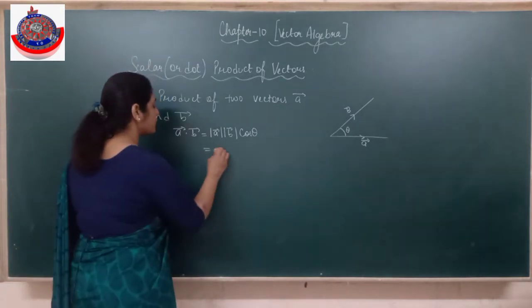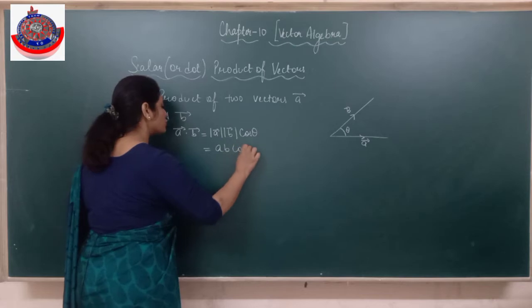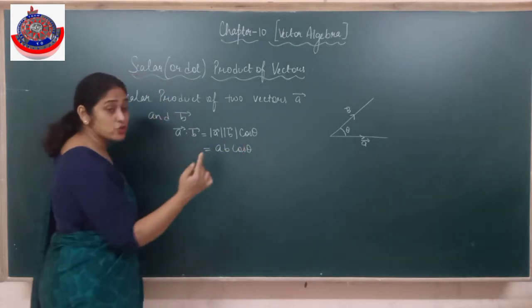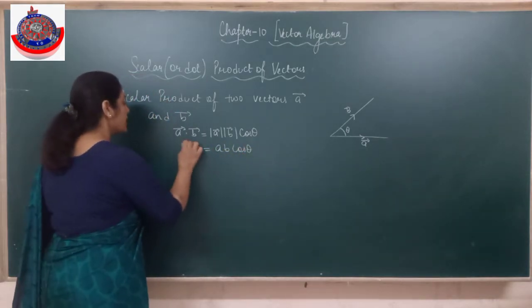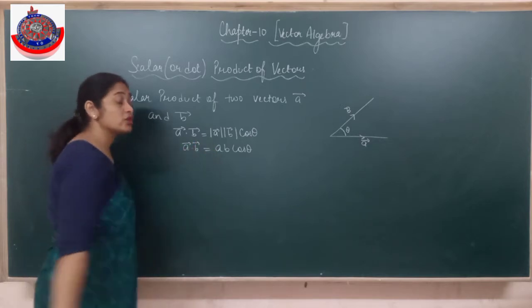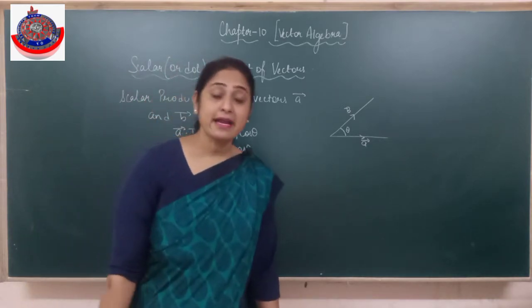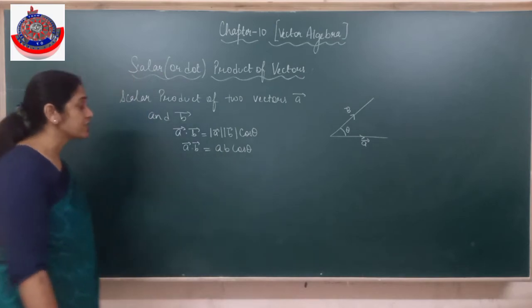Sometimes, because these are magnitudes, if I just write ab cos theta, that also works, because a means we are talking about length, b means we are talking about length. So it can be written as ab cos theta also. That means the magnitude of vector a into magnitude of vector b.